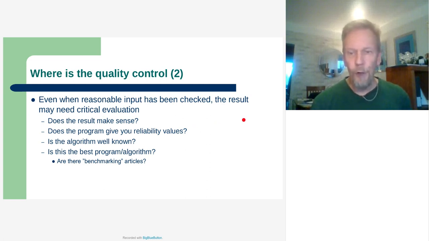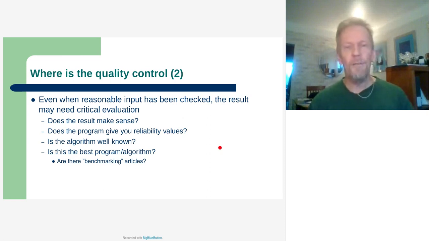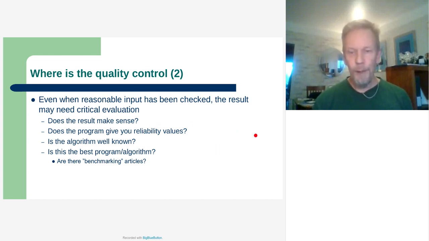For instance, the subcellular localization program for signal peptides gives a reliability value from 1 to 5. And I have to check every time if 1 was the best or 5 was the best. So these things are things you just can't know. You have to make sure you read it from the documentation.